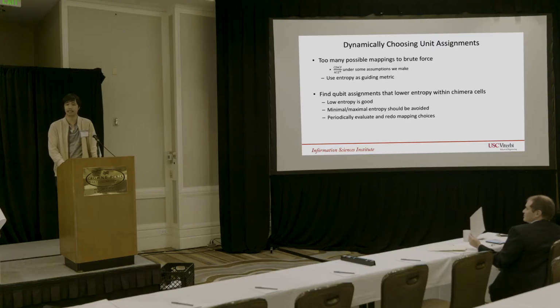We want to manipulate the entropy either up or down. And from our empirical experiments, it turns out low entropy is good, and that entropy on either extreme, either extremely high or extremely low, should be avoided. We call this process dynamic topology reconfiguration because periodically throughout training, we're evaluating our variable mapping choices and reconfiguring it to try to push ourselves towards better assignments.